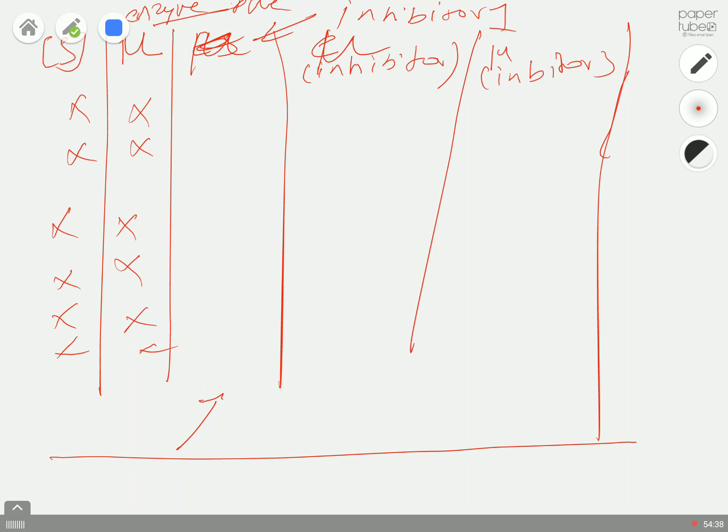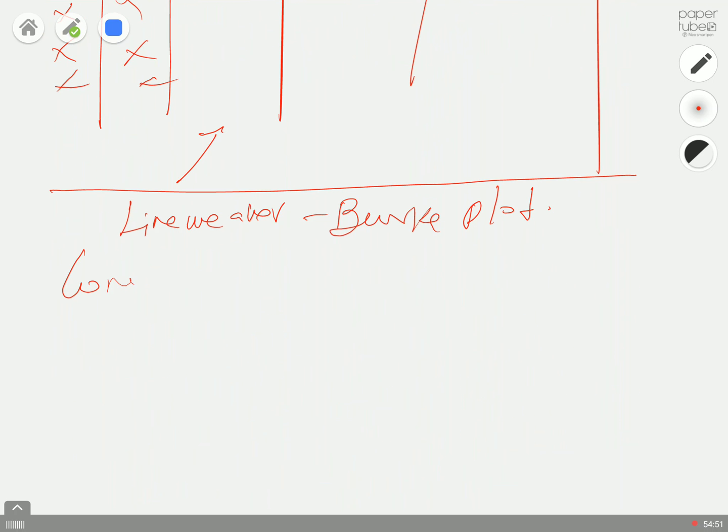It's very simple. All you need is to go back to your Lineweaver-Burk plot. So let's take a competitive inhibition.